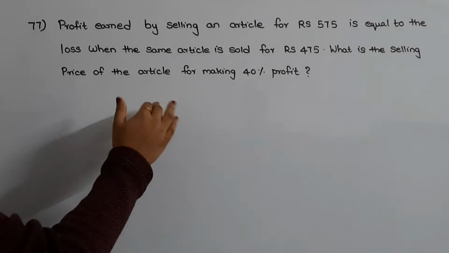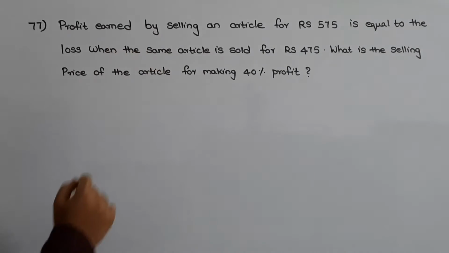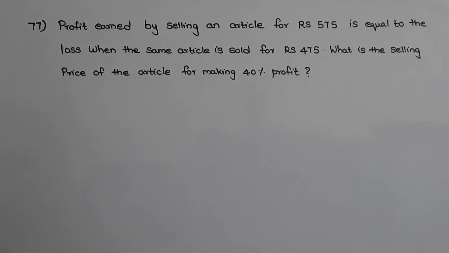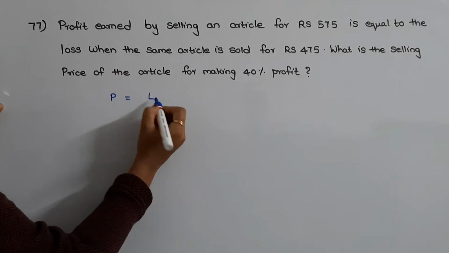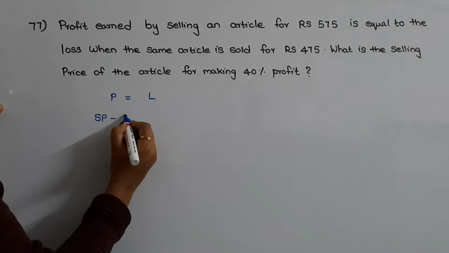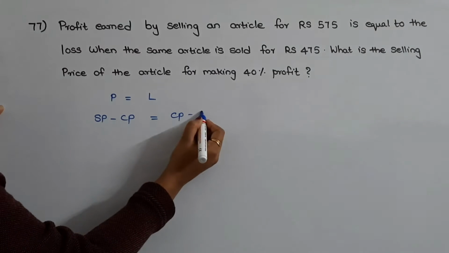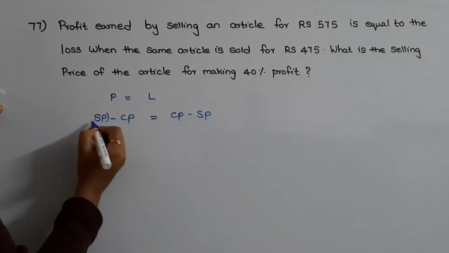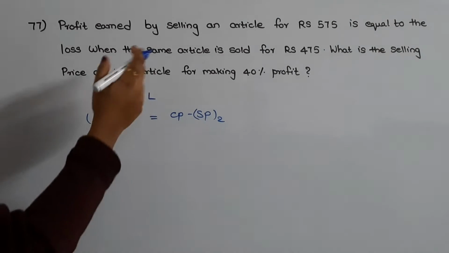For that, first we need to find out the cost price, by using the first condition. What is the first condition? Profit is equal to loss. We know that profit is equal to selling price minus cost price and loss is equal to cost price minus selling price. In both the cases the selling price is different but the cost price is the same.